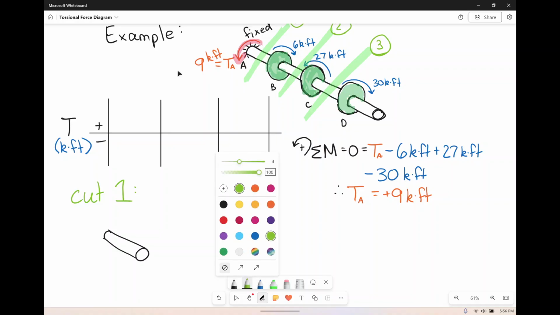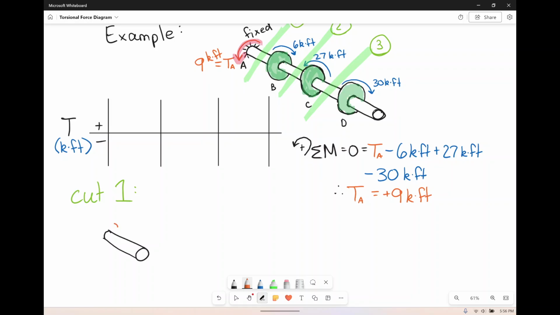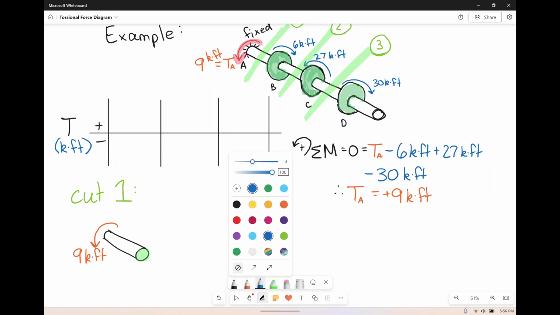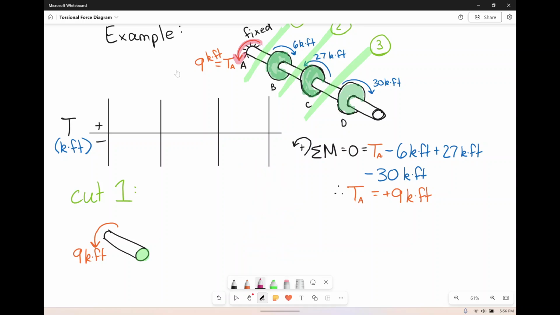Yep, there you go. Okay, so we already know that we have this 9 kip feet torsion on this side. What does it look like at the cut face? Let's pick a new fun color. Pink's great. So again, in order to figure out which direction is positive, we're going to come out of the face for the normal.